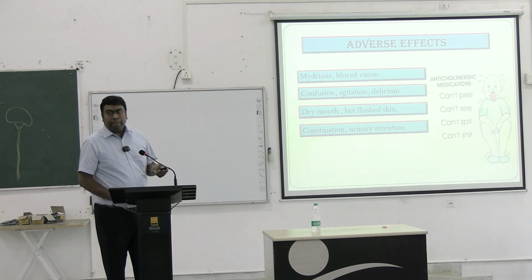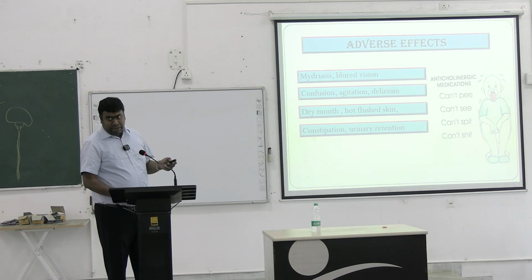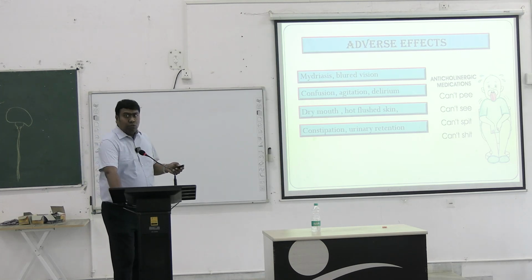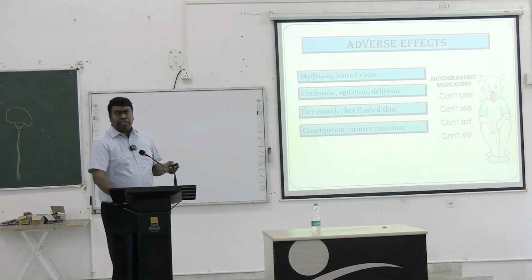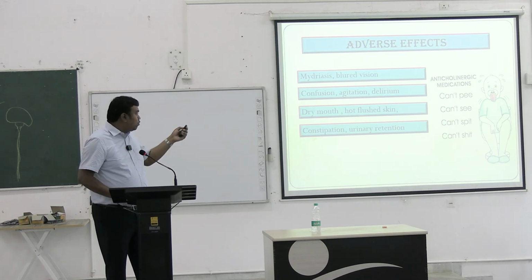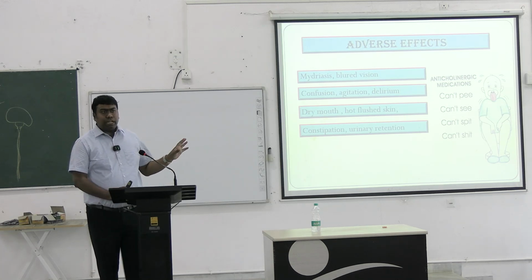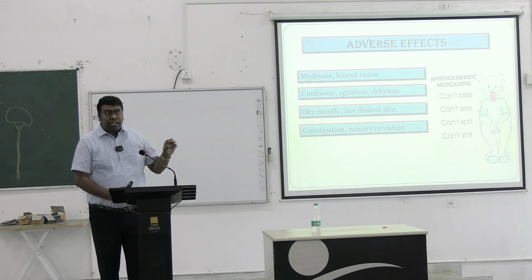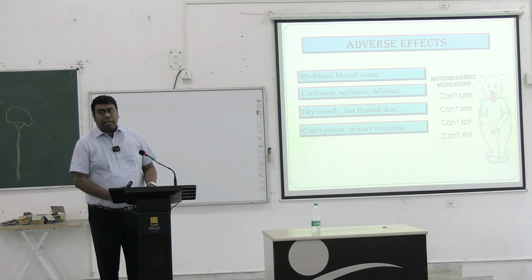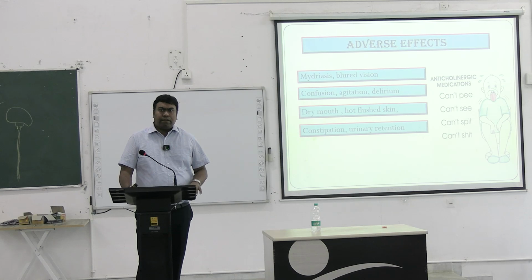Why does this happen? It reduces all the secretions, and along with that it causes spasm of the urinary sphincter. There are two things: relaxation of the trigone and constriction of the urinary sphincter, that can lead to urinary retention. So for this situation it is contraindicated in some clinical situations. Why? In whom does urinary retention occur? In which age group is urinary retention common?